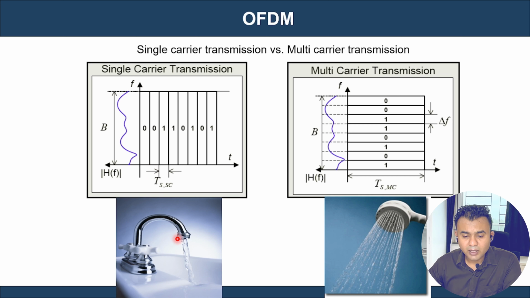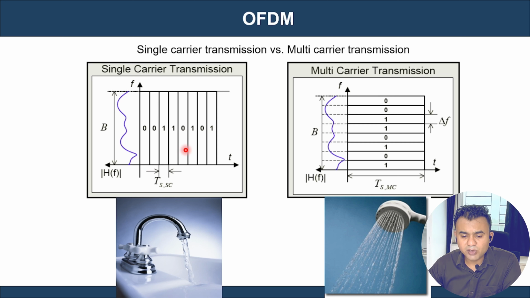Let's say I have different symbols, or different bits, assuming BPSK, 1 bit per symbol. Different symbols are transmitted here, but not on different frequencies, on the same frequency. The frequency is the same for all the bits or all the symbols. This is called a single carrier transmission.